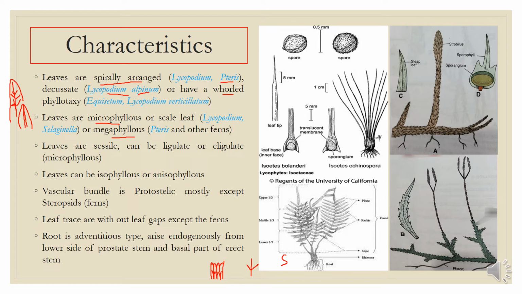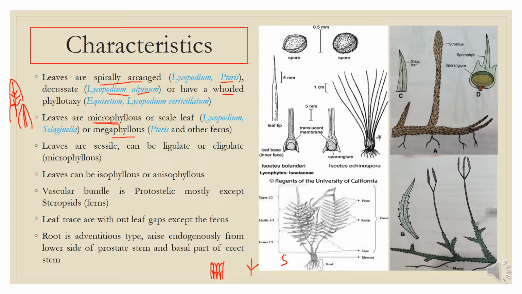So there is a difference in size between the microphyllous and the megaphyllous leaves, and also a difference in vasculature. The vasculature of the megaphyllous is reticulate, while the microphyllous have only one midvein and no ramification.